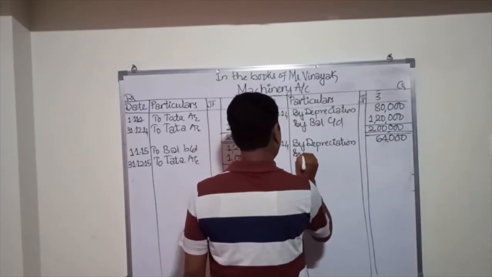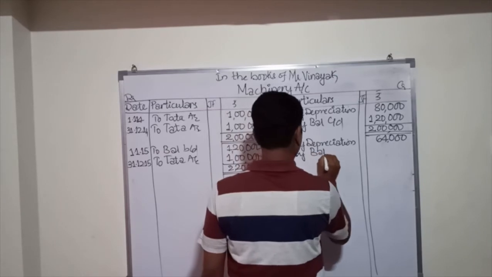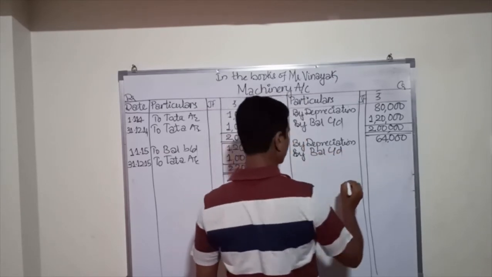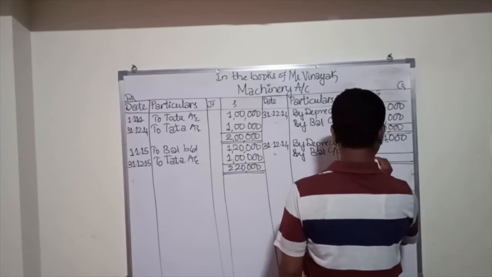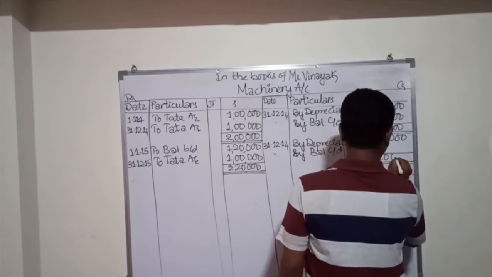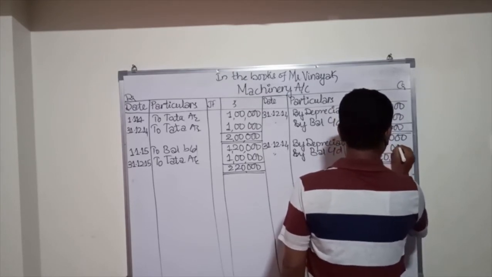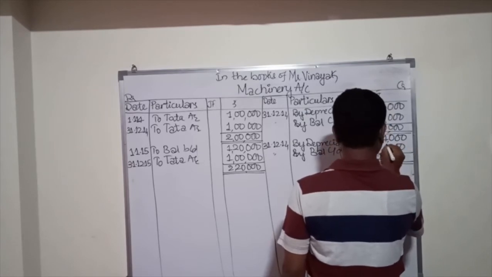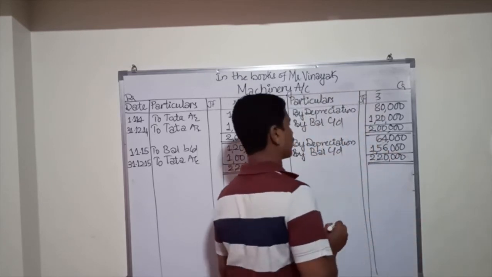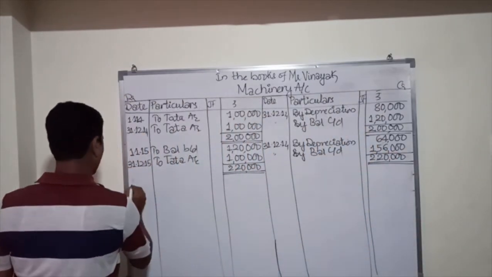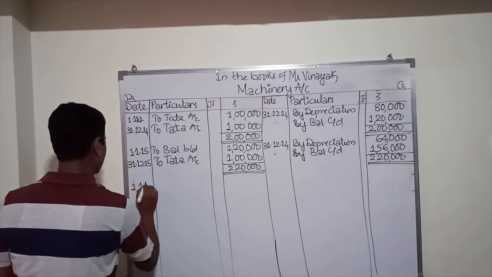By balance carry down, the difference. 2,20,000. So now let's find the difference here. 4 plus 6, 10, carry 1. 7 plus 5, 12, carry 1. So 1,56,000 here. So this is brought down on 1/1/16.